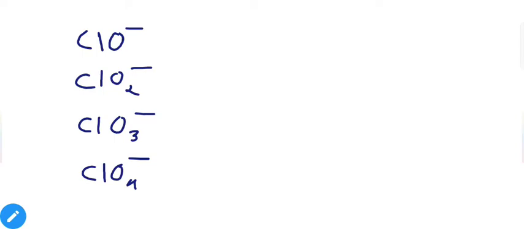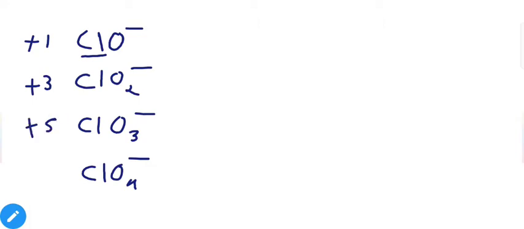Now let's try to find the oxidation states of chlorine in each example. In the first example, chlorine will be in +1 oxidation state because oxygen shows -2 oxidation state. So +1 -2 gives overall -1. In the second, chlorine shows +3 because 2 oxygens give a total of -4, +3 -4 gives -1.